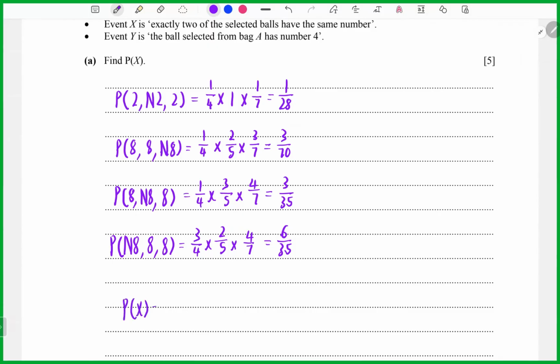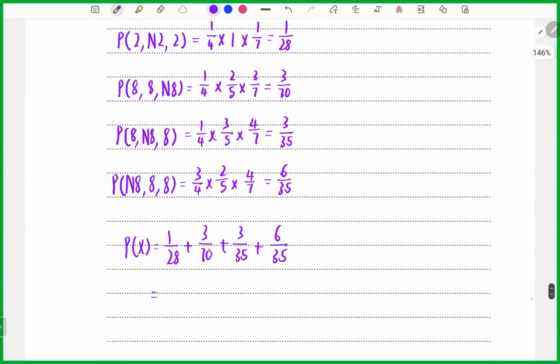Px equals 1 over 28 plus 3 over 17 plus 3 over 35 plus 6 over 35. So my answer I will get 47 over 114, or you can write in decimal places, 0.336.